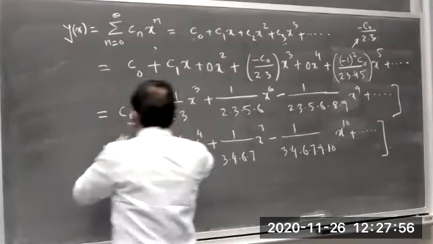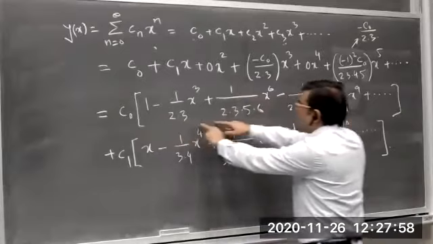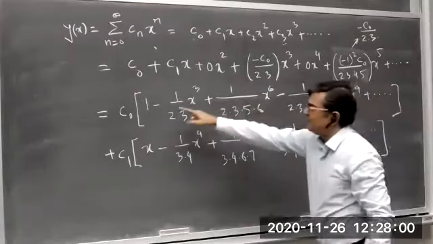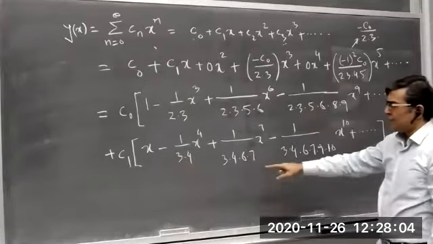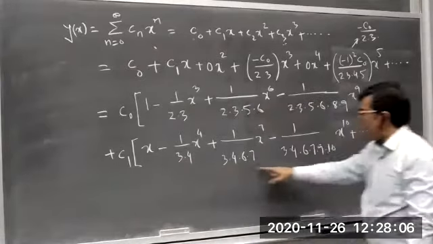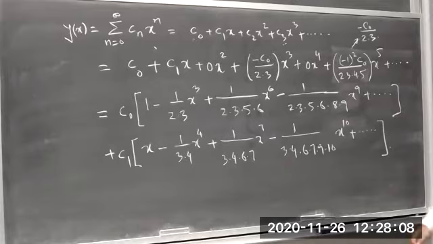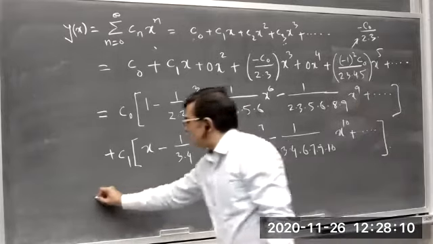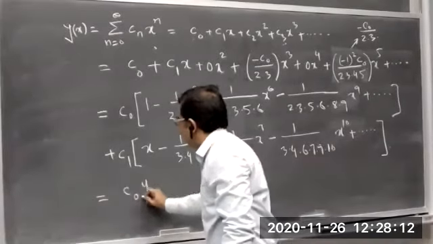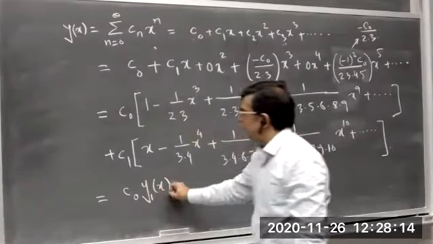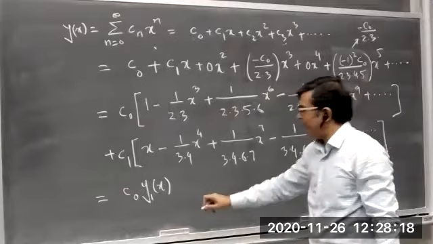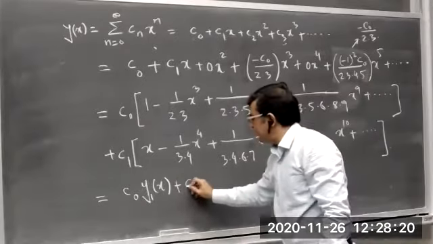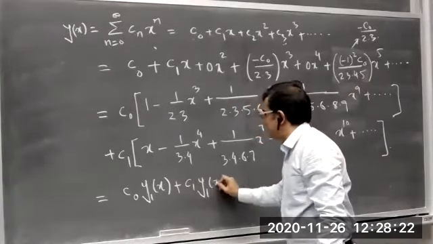Now what is this? The coefficient of C0, this thing is a series, and this one, which is along with the C1, is another series. So we call this Y1 series, which is along with the C0, and the other one Y2 series, along with C1.